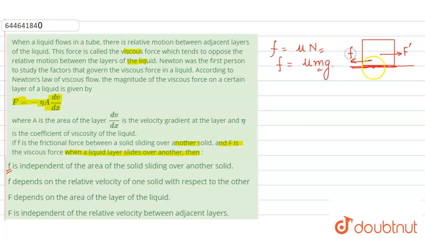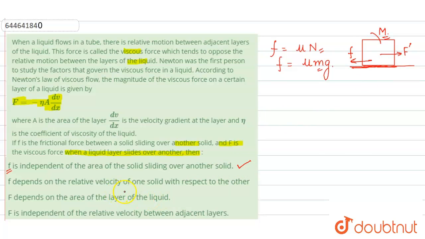So this is the friction force. Now this friction force simply depends upon the weight of this body or the mass of this body, right? So it says F is independent of the area of the solid sliding over another solid. Yes, this is true. It does not depend upon the relative area of contact. So this option is correct.